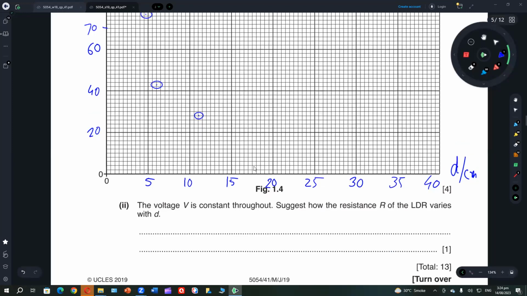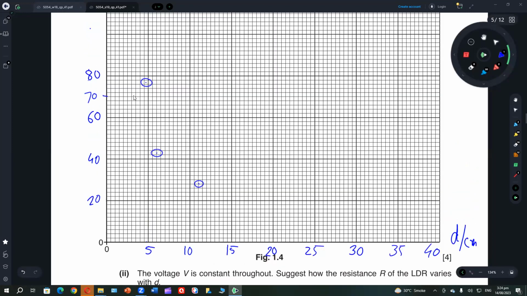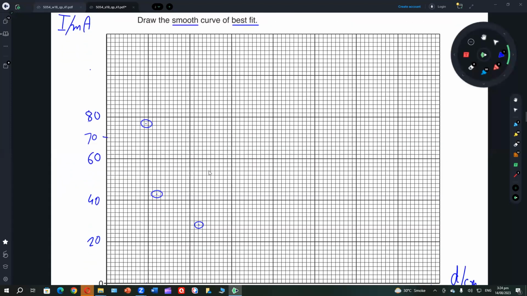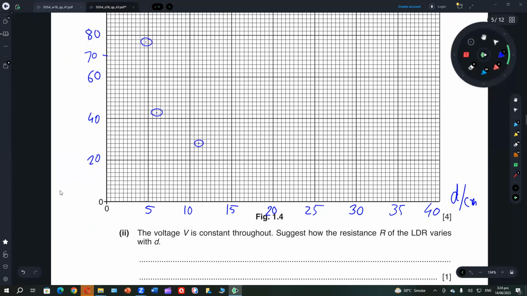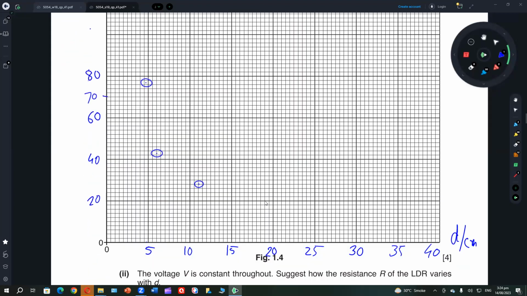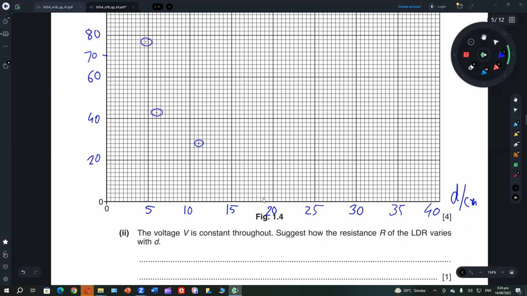Sorry, this is the first point. And it is 11.1 and 28, and 19 and 16.